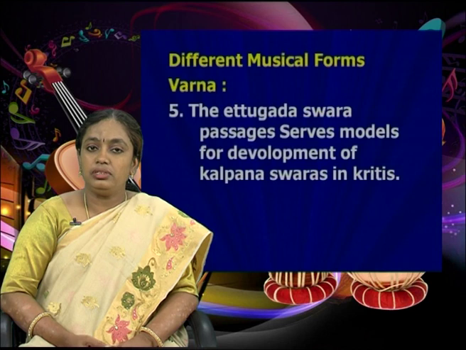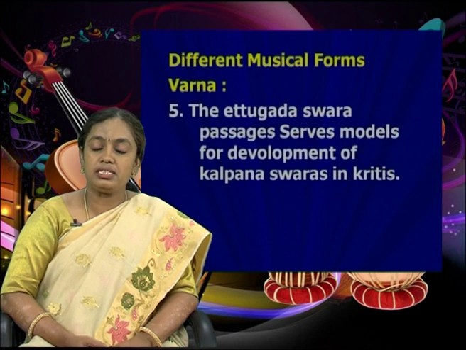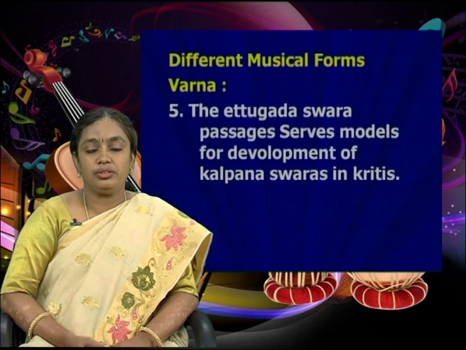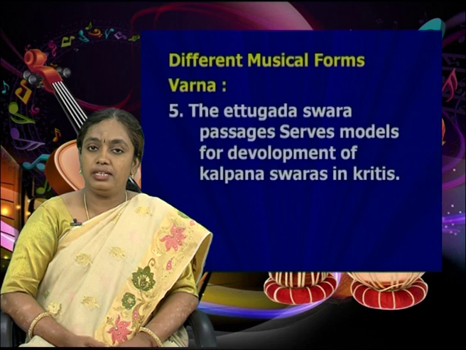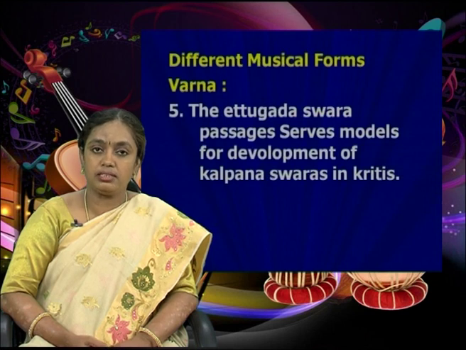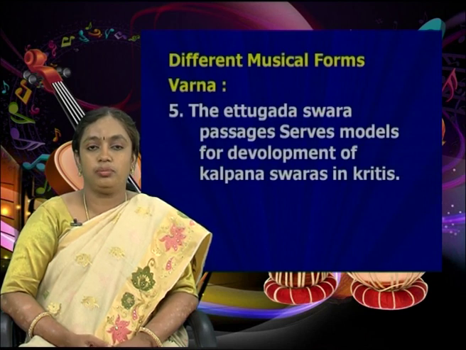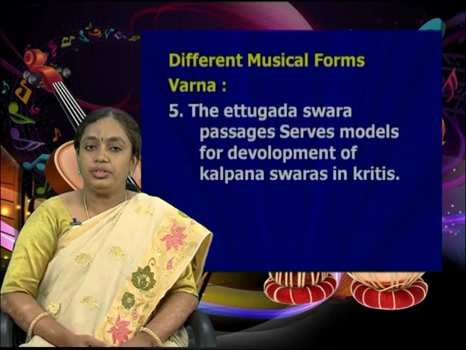About these varnas, going to the next point, the ettugada swara passages serve as models for development of kalpana swaras in kritis, because the ettugada swaras are different from each other. The first one is different, the second one is different. In that form, we find that after the charanam there are 4 passages or 5 passages that are called ettugada swaras.